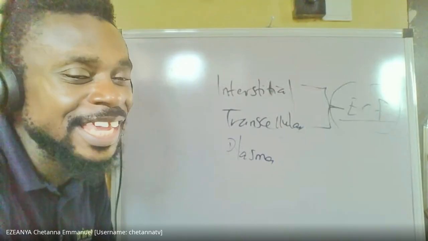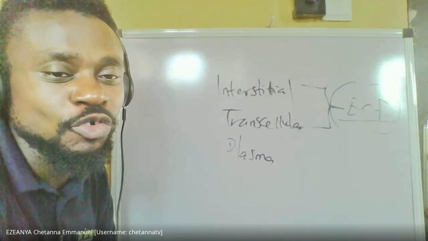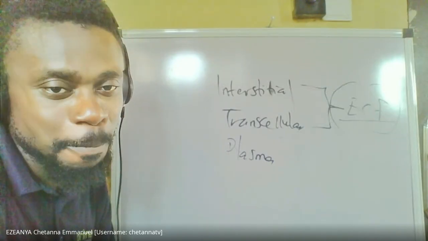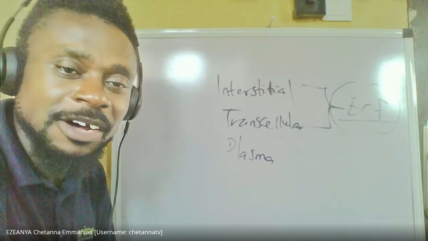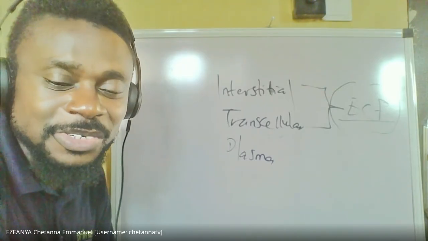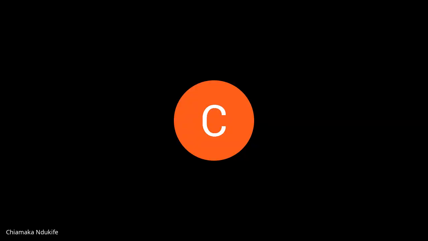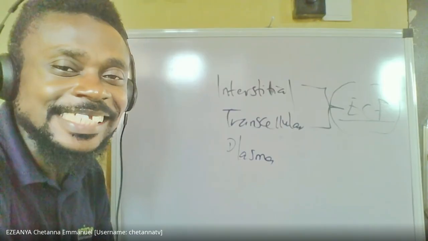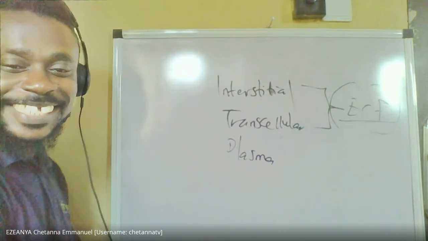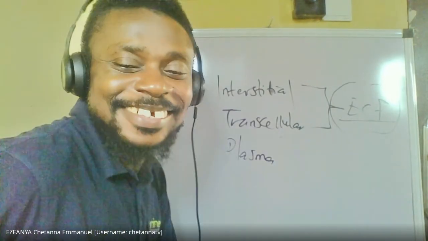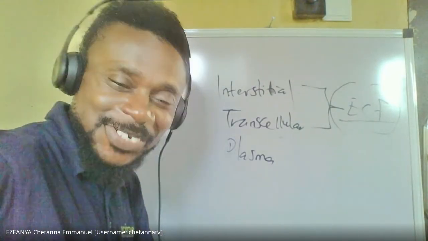If you're not careful, if you look at this question, you become confused. Because interstitial is outside the cell. Transcellular is outside the cell. Extracellular is also outside the cell.